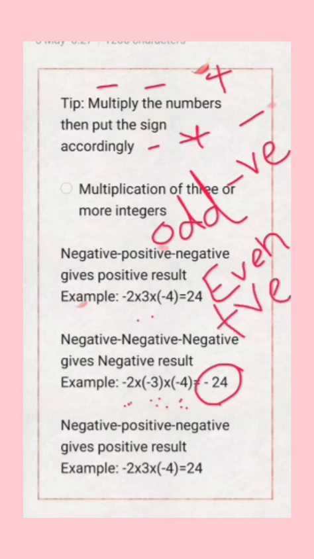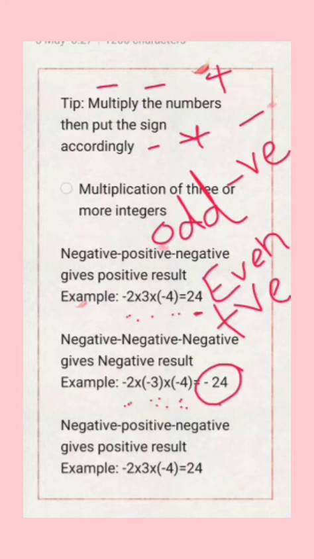Look here, -2, -2, 3 and -4. Here we are multiplying 3 numbers, but only 2 of them are negative and 3 is positive. Hence the negative sign repeats an even number of times, 1 and 2. 2 times it is repeating.